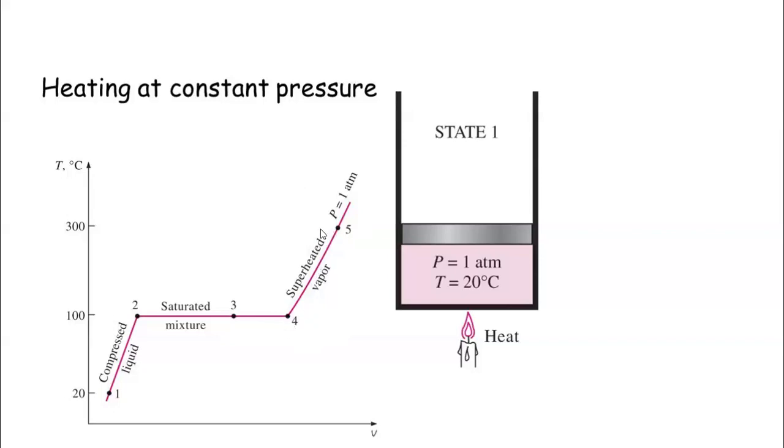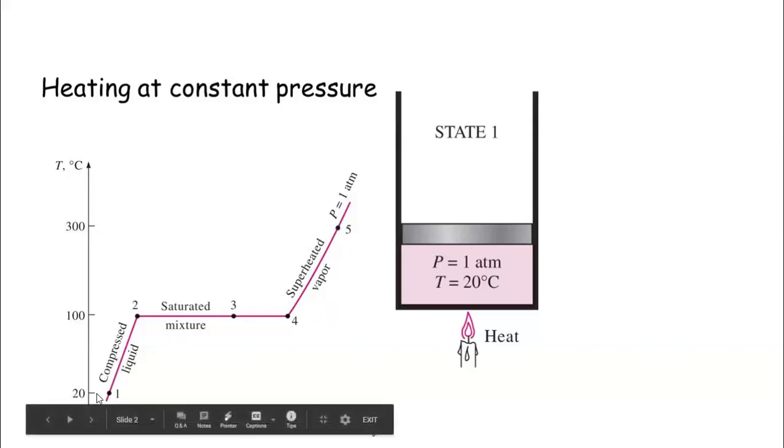If you want to find the properties of the superheated steam, then along with the pressure, you also need to know the temperature of the superheated steam. This temperature difference T5 minus T4 is known as the degree of superheat. Depending upon the degree of superheat, the properties would change. During this heating, there is a change in specific volume.